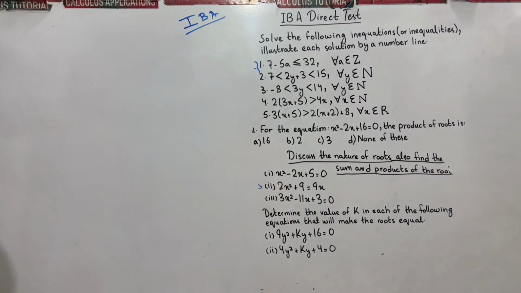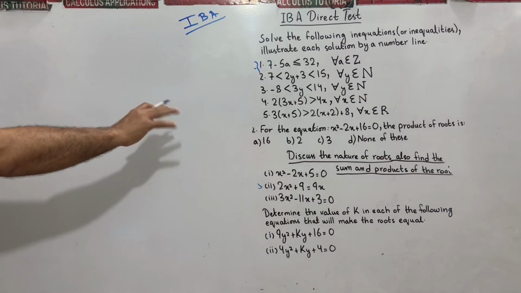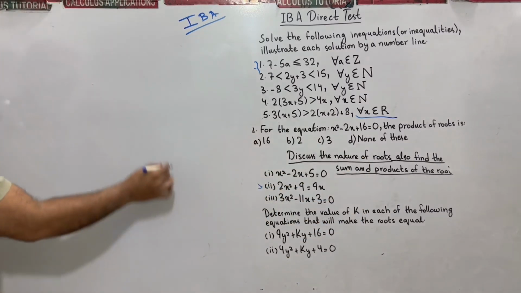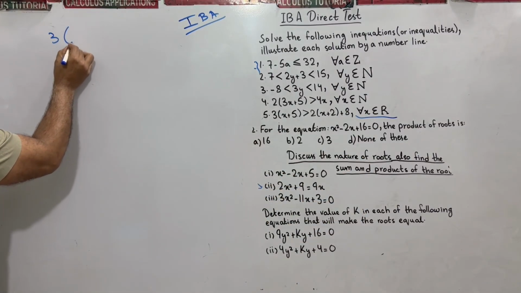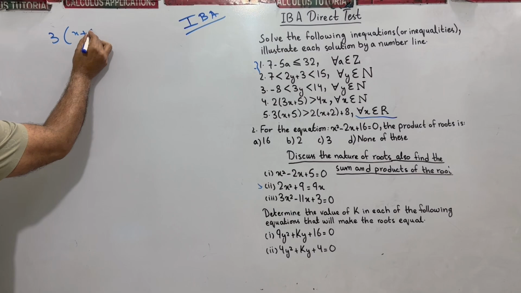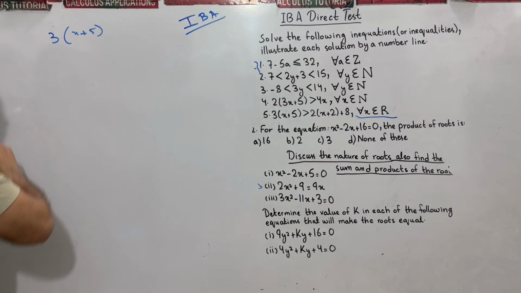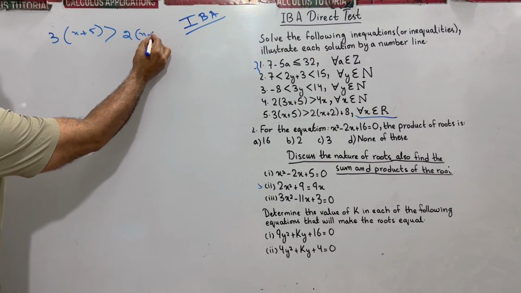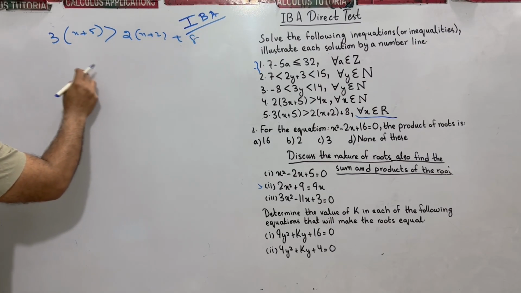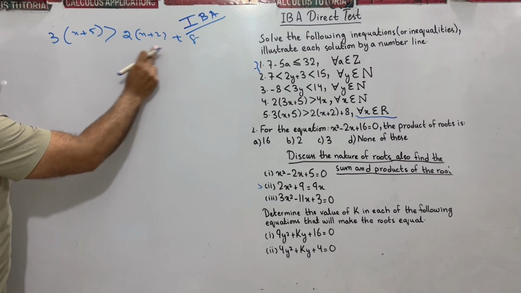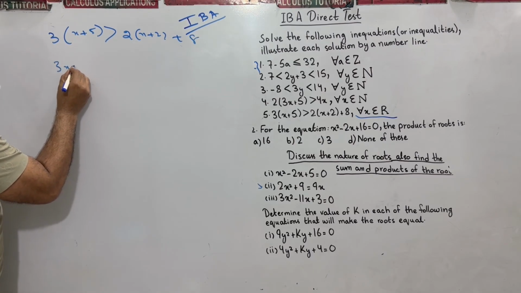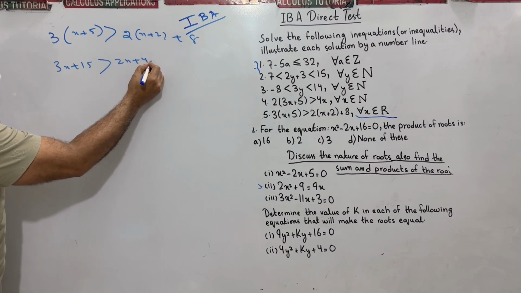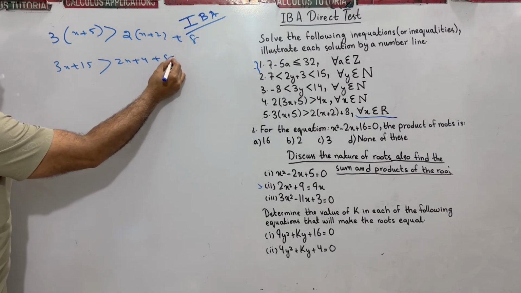Finally we have to write the solution set belonging to real numbers. Just multiply 3 here, 2 here: 3x, 3 times 5 is 15, greater than 2x, 2 times 2 is 4, plus 8.